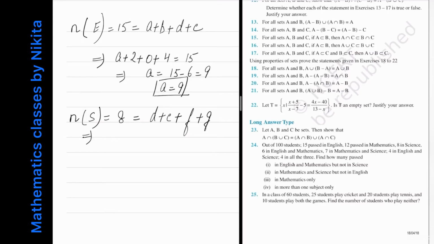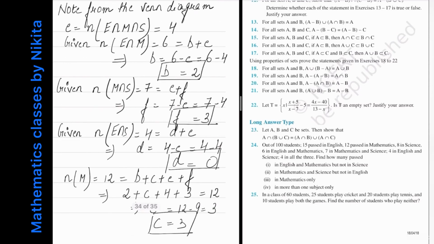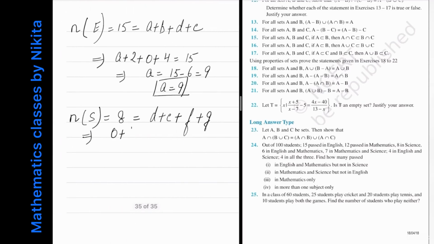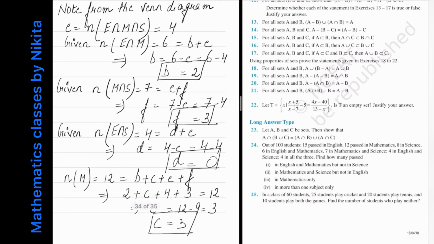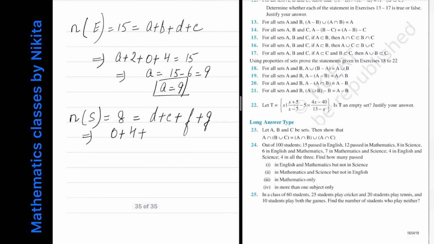This implies D was 0, E was 4, F is 3 and G you have to find. This is equal to 8, and from here you get that G is equal to 8 minus 7, which is equal to 1. So G is equal to 1.